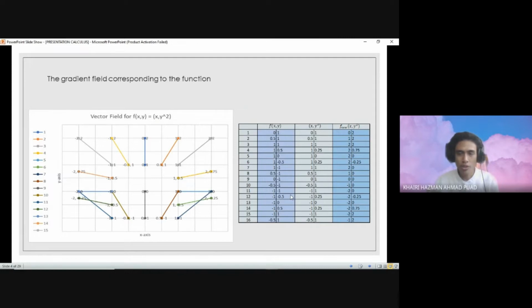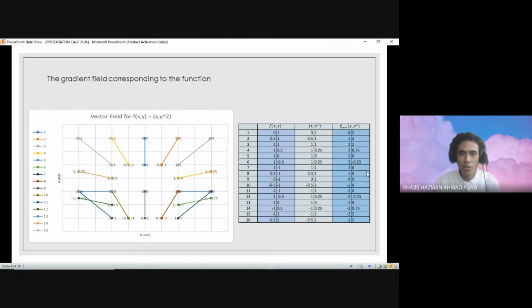And then substitute the points that we assumed earlier into x and y squared to get the direction, as shown in the center graph, which is (0,1), (0,0.5), (1,1). We can say from the function value for y squared, the direction will be positive because any number raised to the power of 2, or squared, will be a positive number.